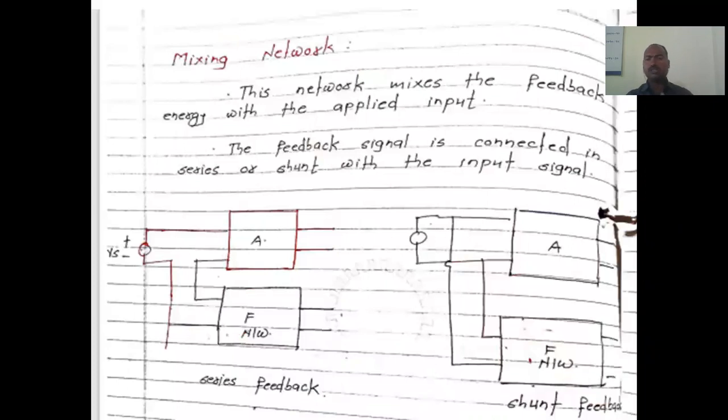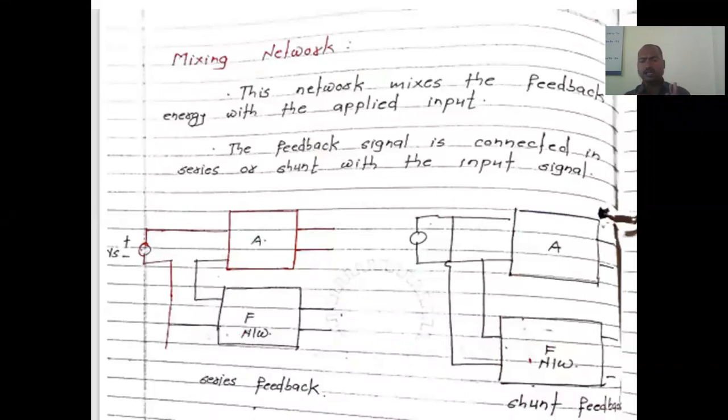Okay, now we will look at the mixing network, right? Mixing means what? Whatever input is applied, accordingly output should be generated, right? That output is again applied to the input. So applying the output again to the input is nothing but the output mixing with the input. Did you understand?